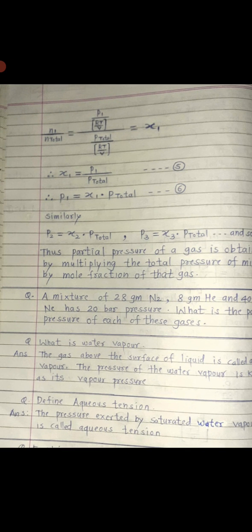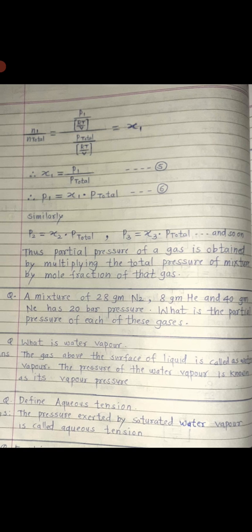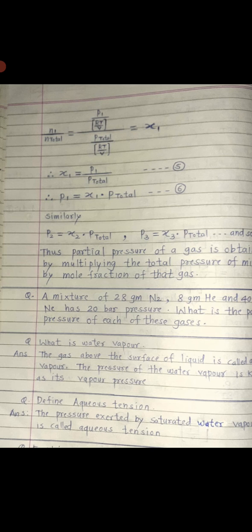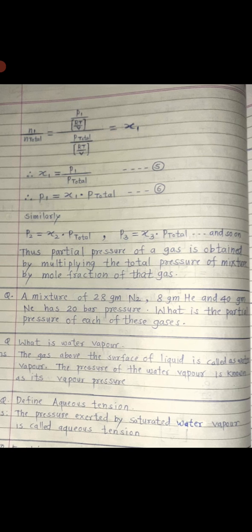Okay. Similarly, P2 is equal to x2 into P total, P3 is equal to x3 into P total, and so on. Thus the partial pressure of a gas is obtained by multiplying the total pressure of the mixture by the mole fraction of that gas. Partial pressure means P1, P2, P3, P4, P5, and so on.